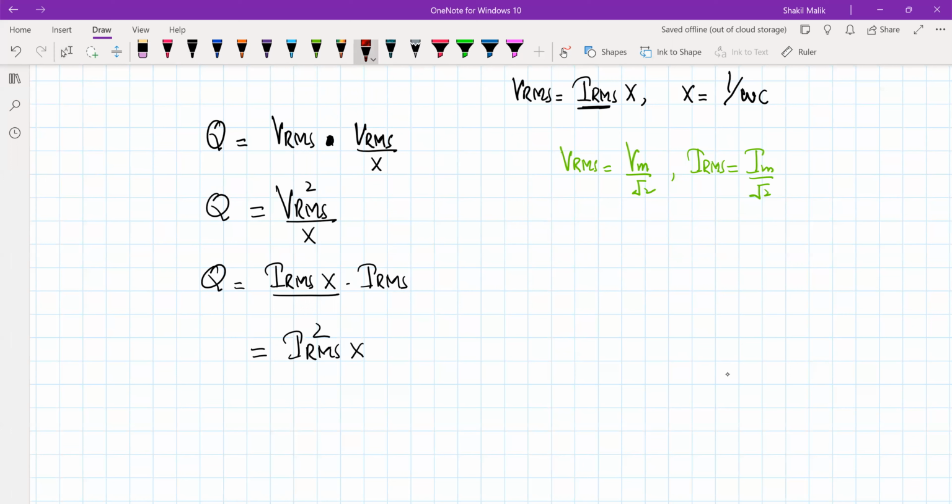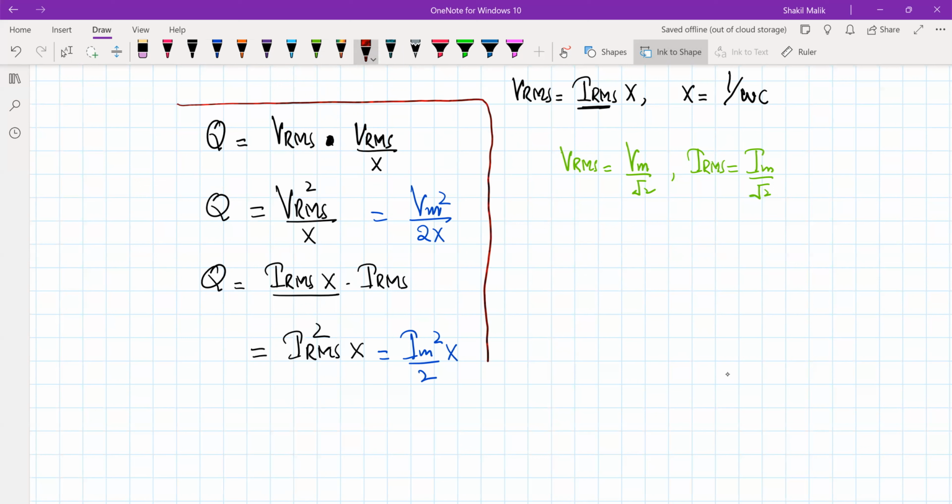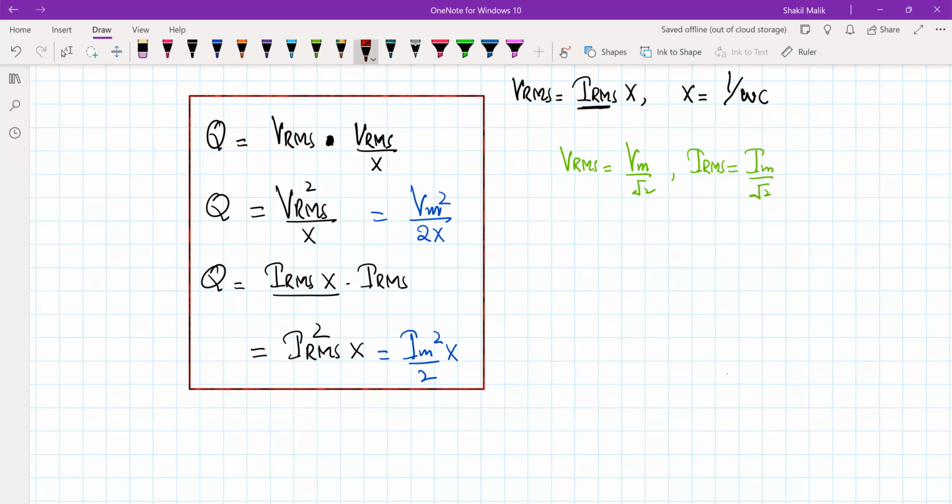So we'll get Q as Vm square divided by 2X, or Im square, the maximum value squared, divided by 2 times X. This is the relationship of Q in terms of RMS and peak values, and the unit is VAR, volt ampere reactive. This is the power stored by the capacitor.